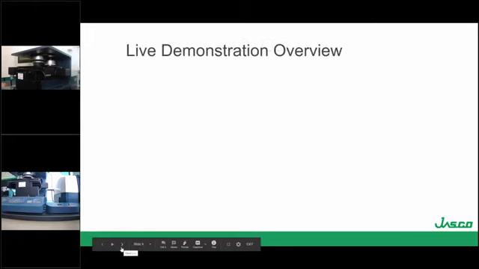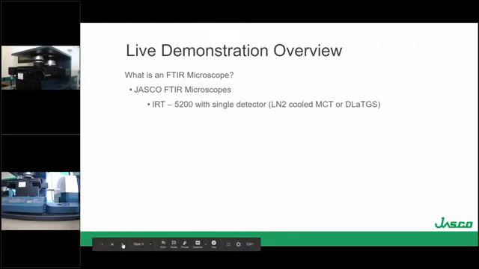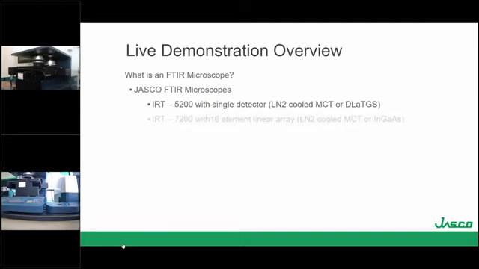In this live demonstration, I just want to review some of the features of the two instruments that I'm going to be presenting today. One is the IRT 5200 that has a single detector that is MCT, cooled using liquid nitrogen, and also has a TGS; I'm going to be using mainly the MCT detector.